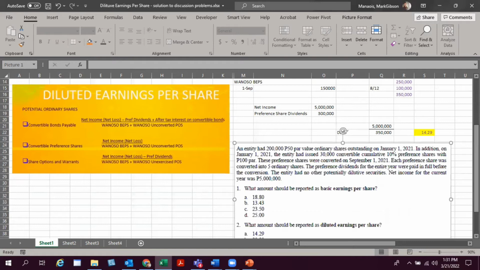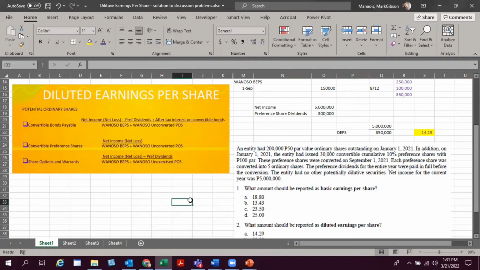Sabi natin, in calculating for your diluted earnings per share, when you have convertible preference shares, in this case, nag-issue tayo ng 30,000 convertible preference shares. The formula is net income over 1 also BEPS plus 1 also unconverted potential ordinary shares.